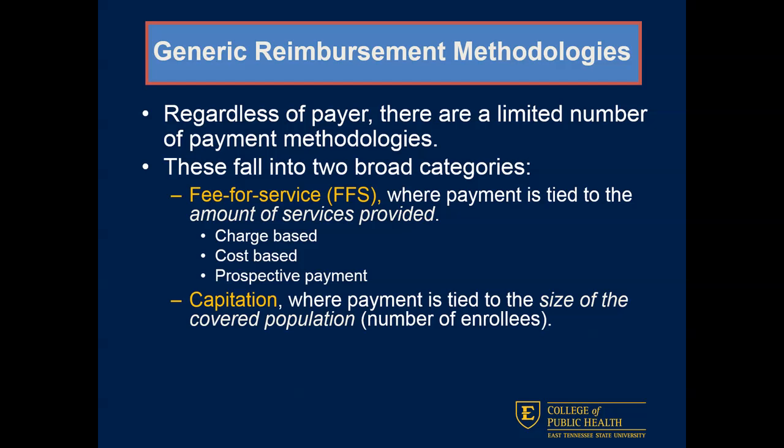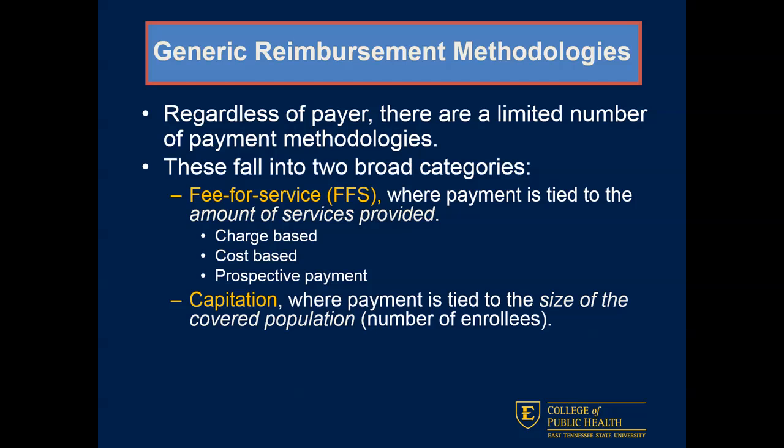And this is a payment method that is based on the number of enrollees or the number of people covered in the population. So I have a couple examples, and we'll keep working through, but just know that these are the two broad categories when we talk about reimbursement that we're going to be referencing: the fee-for-service and the capitation methods.